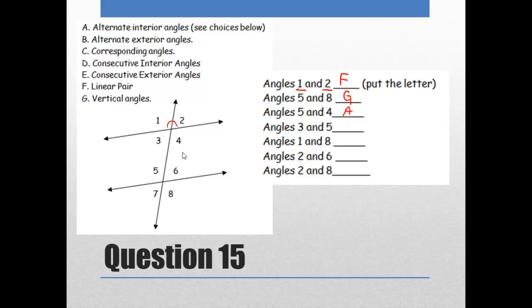3 and 5, well, they're on the same side of the transversal, and they're interior, so we'd call them same side interior, but I think they call them consecutive interior here, so D, consecutive interior.